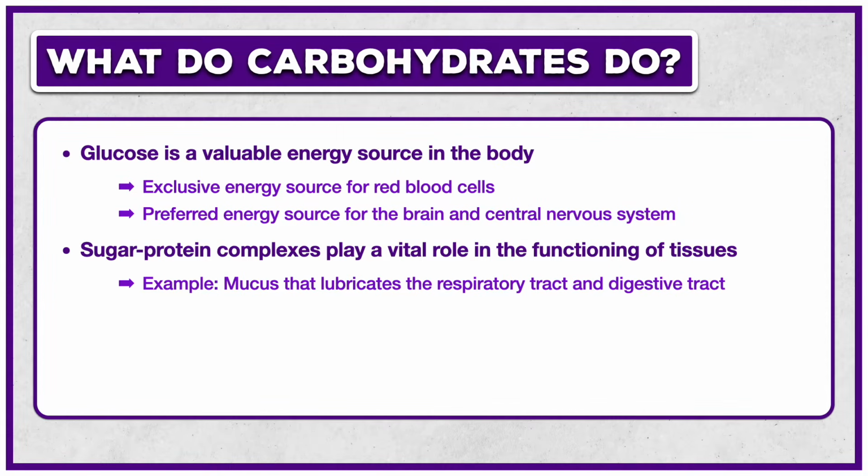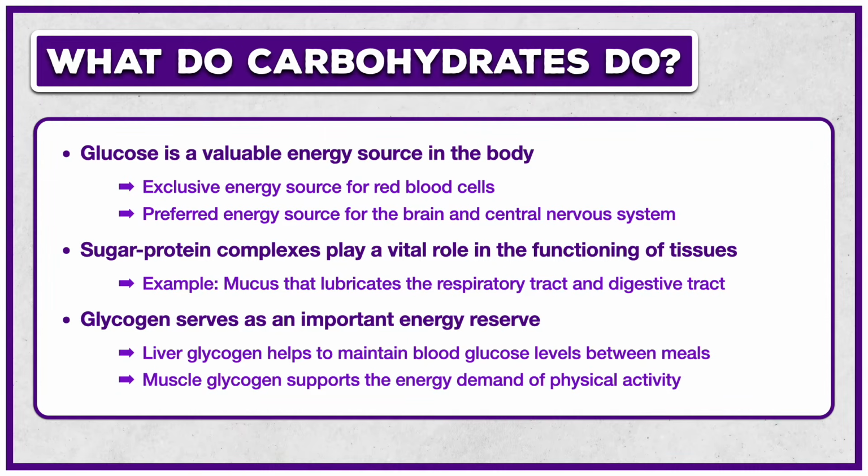Second, sugar-protein complexes play a vital role in the functioning of tissues. For example, sugars help to create the mucus that lubricates the respiratory tract and digestive tract. And third, glycogen serves as an important energy reserve. Liver glycogen helps to maintain blood glucose levels between meals, and muscle glycogen supports the energy demand of physical activity.